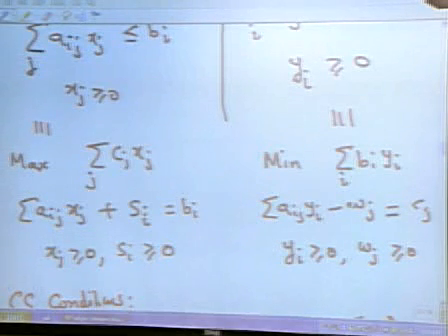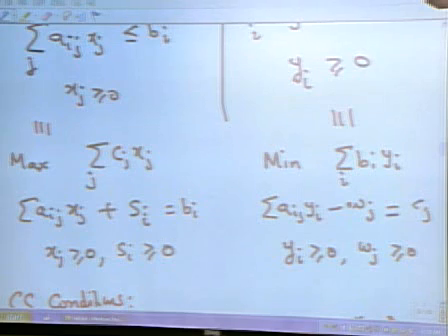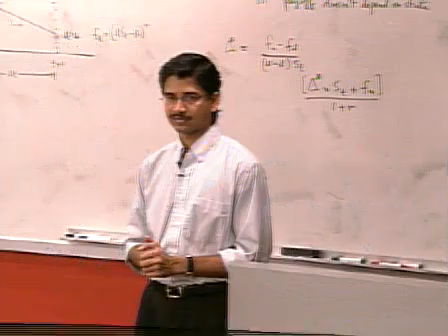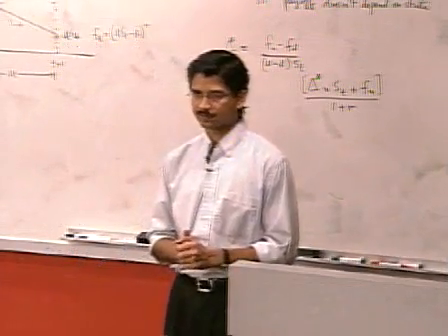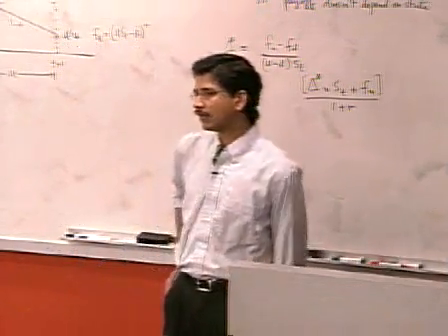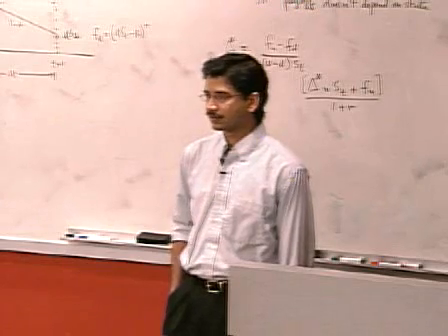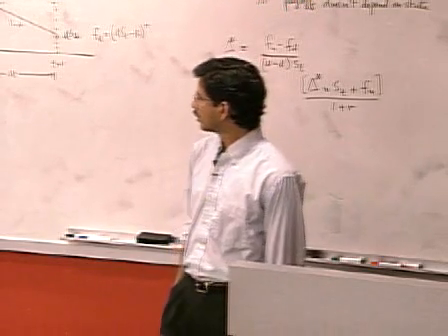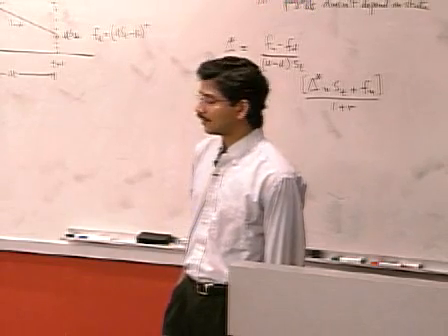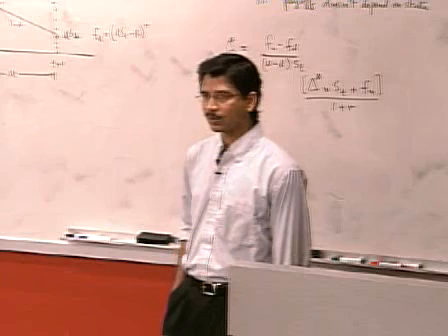So here my variables in the primal are x and s. The variables in the dual are y's and w's. Now, in terms of the new variables, what does the complementary slackness condition say? If xj is strictly positive, then what must be true?